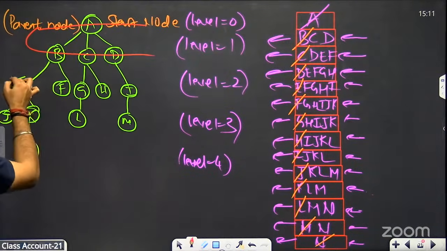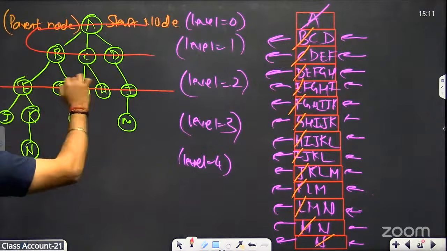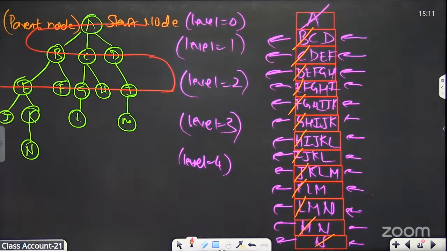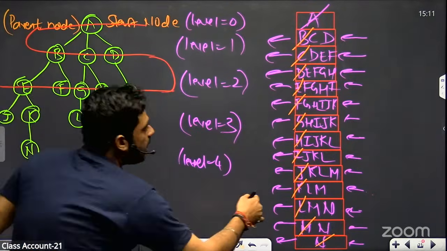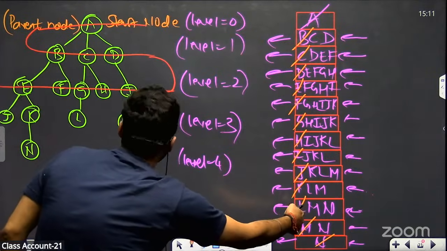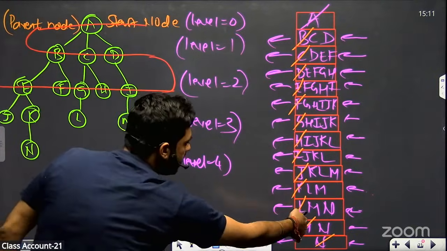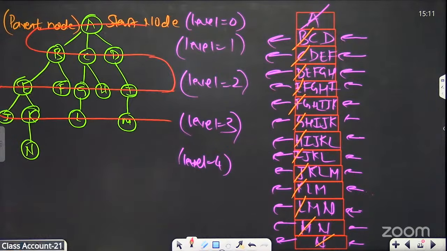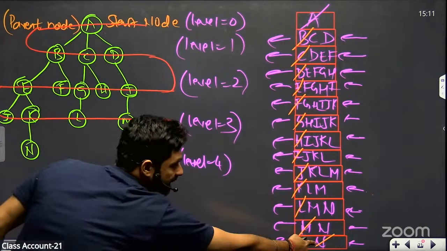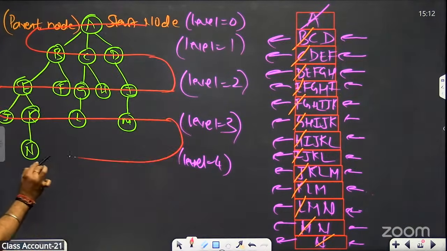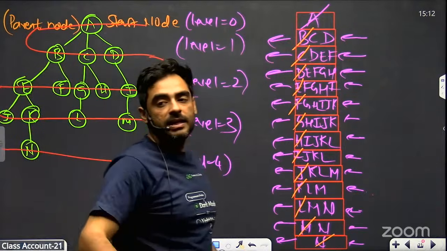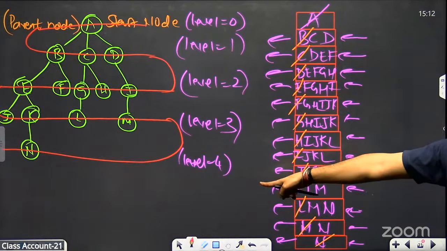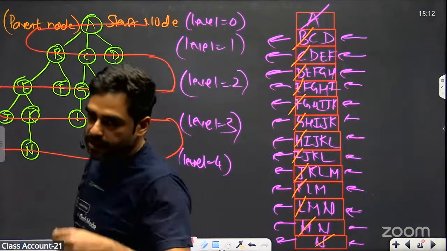After that, E, F, G, H, I, J has been explored. After I, J, K, L, M has been explored. And in the end, the node N has been explored.